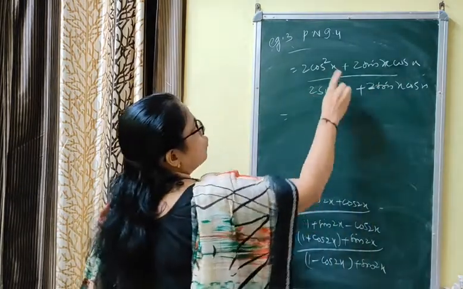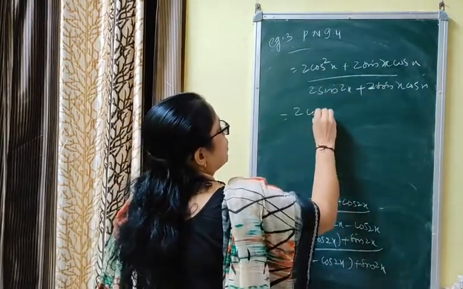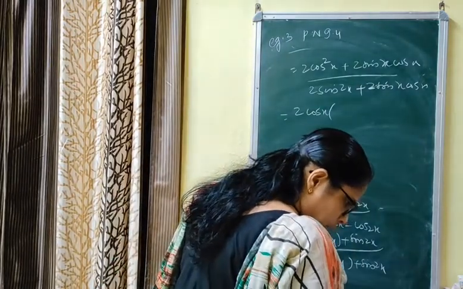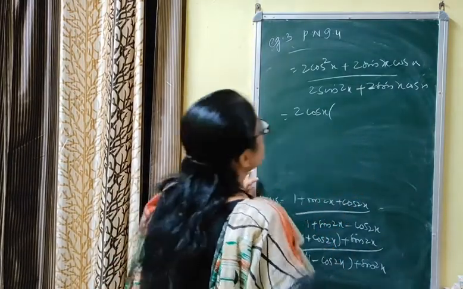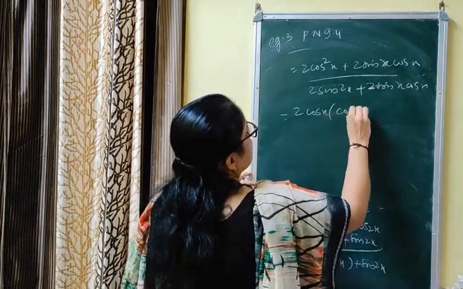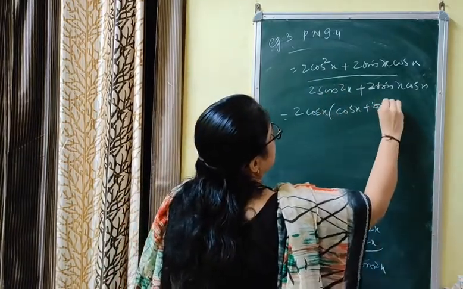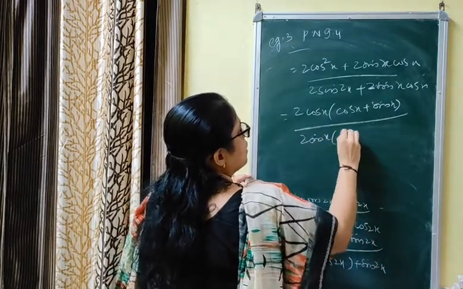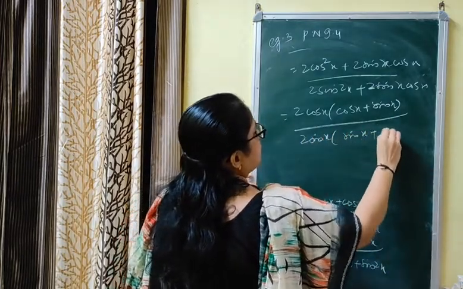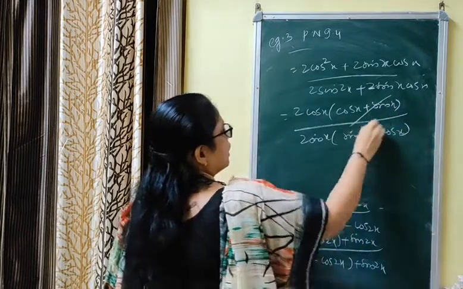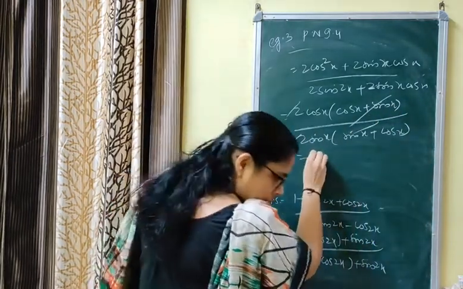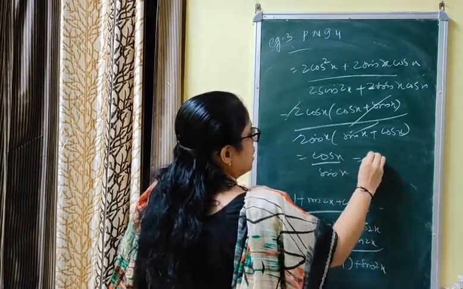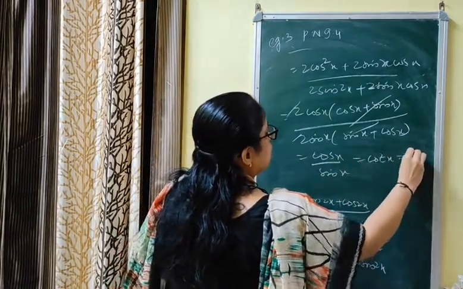From the numerator you can take 2 cos x common. What is remaining here? Cos x is remaining in the first term, sin x in the second. In the denominator you can take 2 sin x common, so sin x is remaining in the first term and cos x in the second term. Both are getting cancelled. You get cos x by sin x, that is cot x, which you were asked to prove, that is equal to RHS.